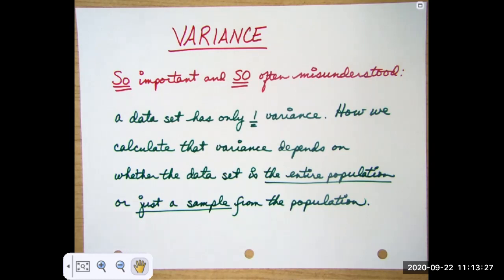Any given data set only has one variance. But if I give you a data set and say, find the variance of this data set, the first thing you have to do is ask, is this a population data set or a sample data set? Without that information, you cannot calculate the variance.